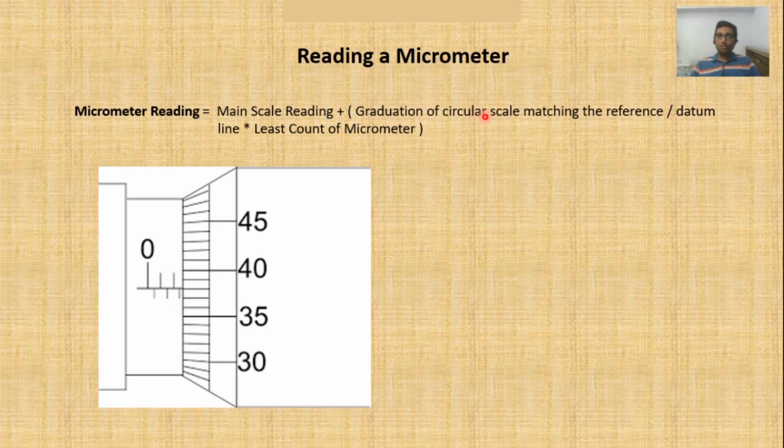The graduation on the circular scale matching the reference or datum line: here you can see that the 38th division is matching with the datum line, into the least count. The least count of the micrometer is 0.01 as we have discussed in the previous slide. So the micrometer reading will be 2 plus 0.5, that is 2.5, plus the 38th division into the least count, that will be 2.88 mm.